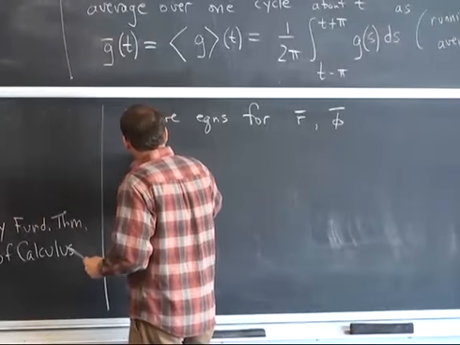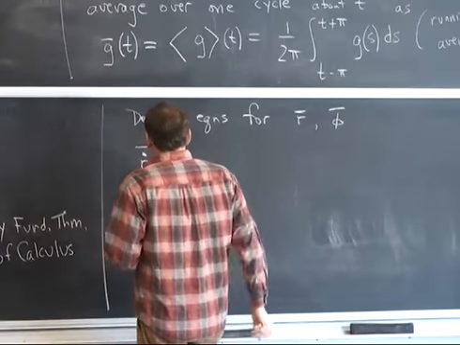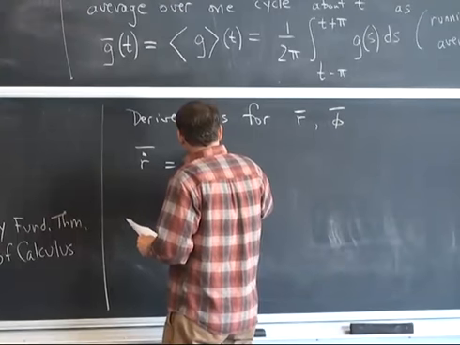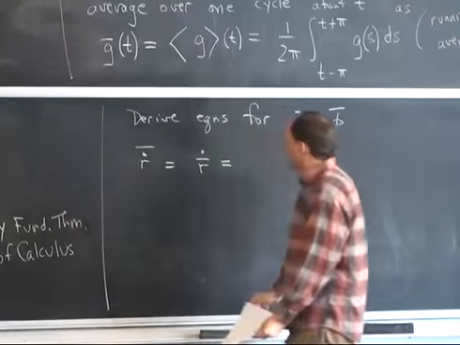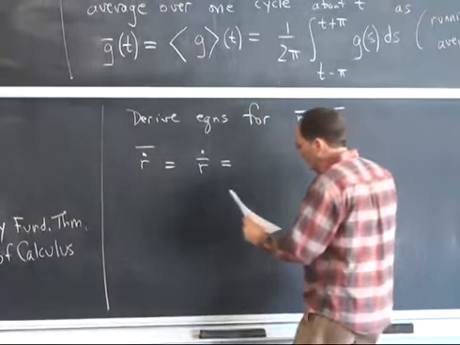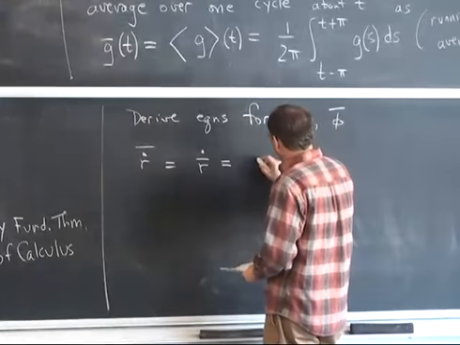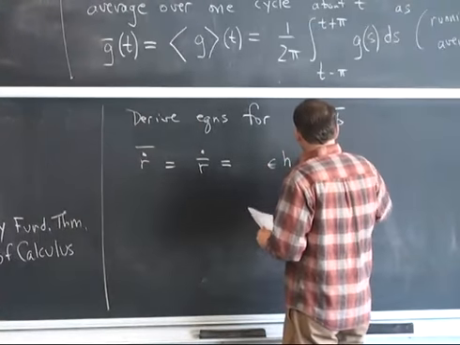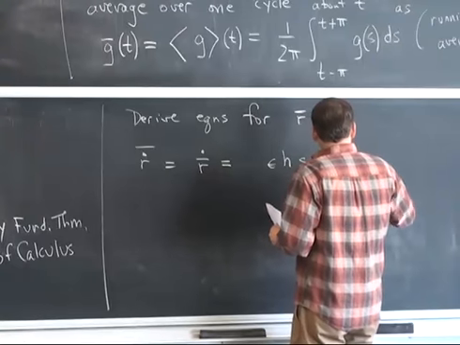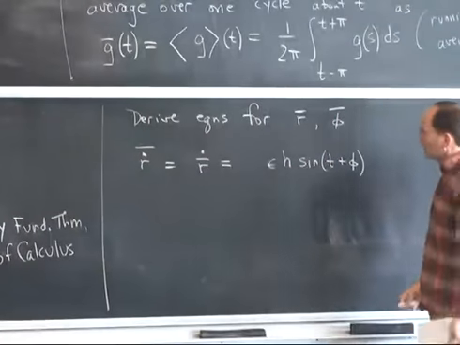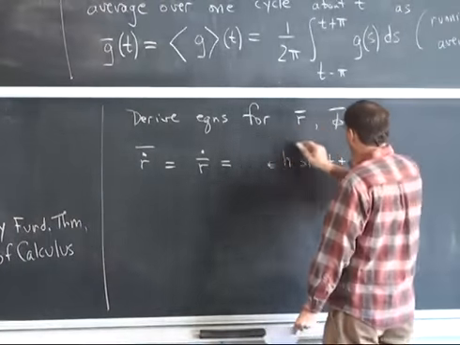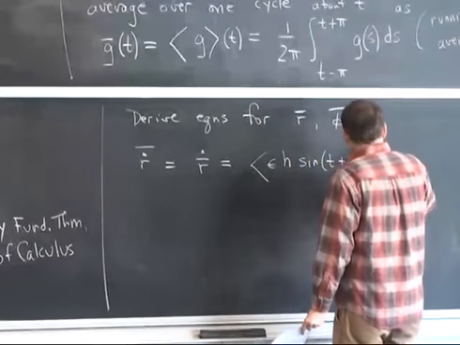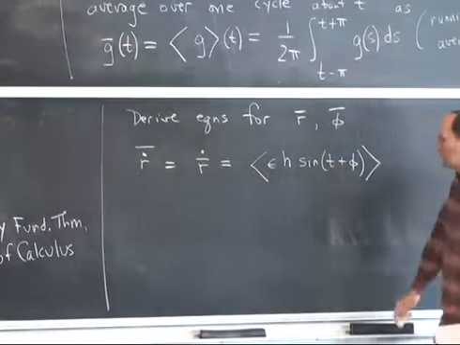We have r dot, take its bar. That's the same as r bar dot from the argument we just made. But r dot bar would mean we already derived an equation for r dot. It was epsilon h sine of t plus phi. Right, that was r dot. So now if I take the average of it, I could put a bar over the whole thing, but that looks kind of goofy. Let me just do it with my slick angle bracket like that.